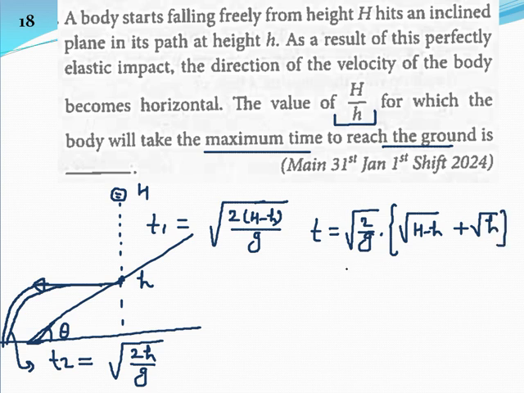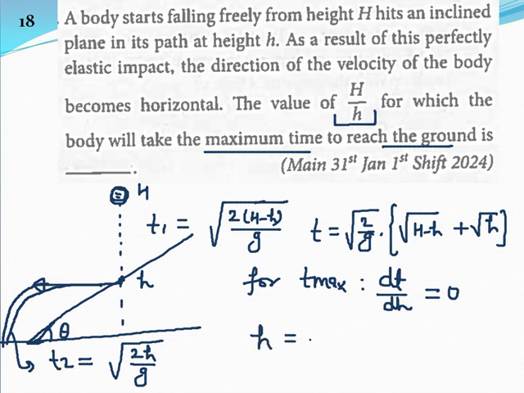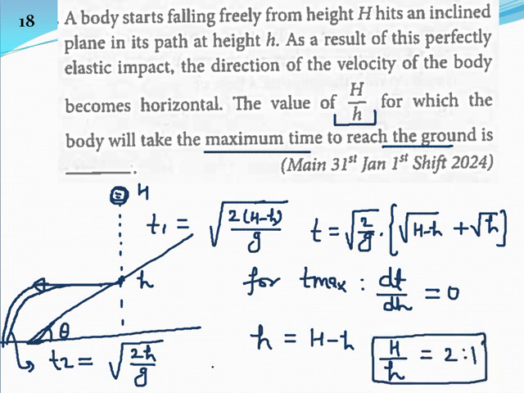This is the total time taken while reaching from this point to the ground. Now for t max, we differentiate it with respect to h and make it equal to 0. Differentiation will be very easy. h equals H minus h. So H by h is 2 is to 1. So the answer is 2.